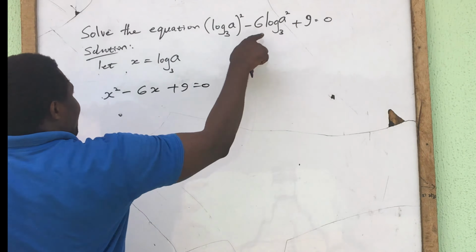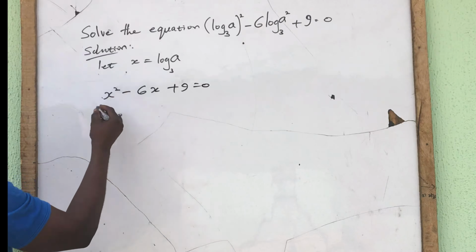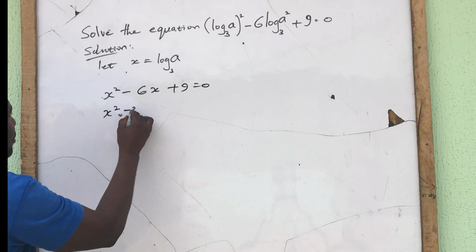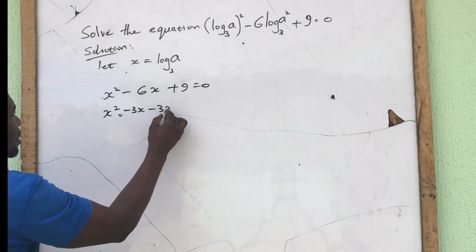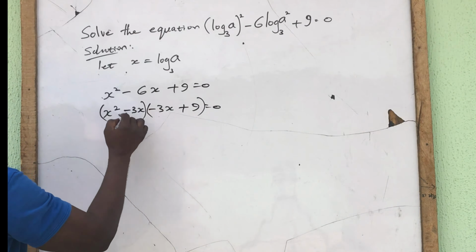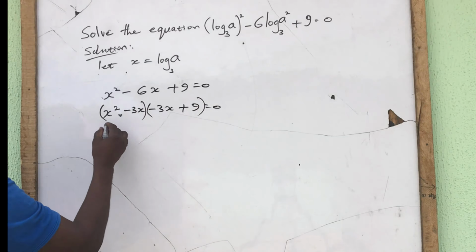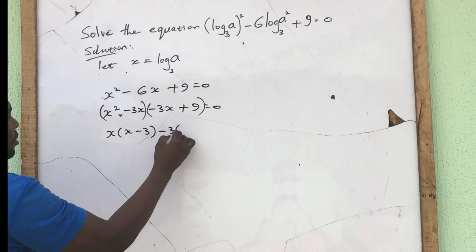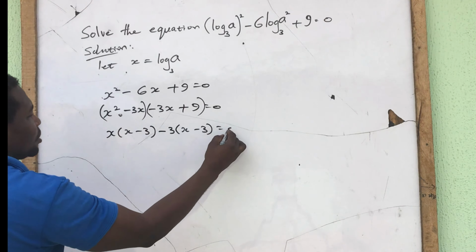So with this, we can factorize now. This is x squared minus 3x minus 3x plus 9 equal to 0. If we group this, we have x into x minus 3, minus 3 into x minus 3, equal to 0.